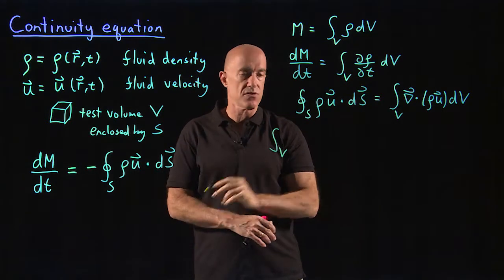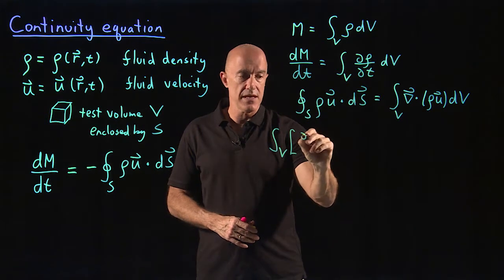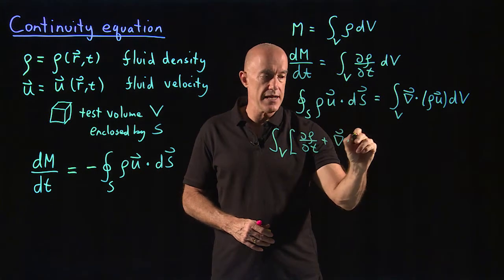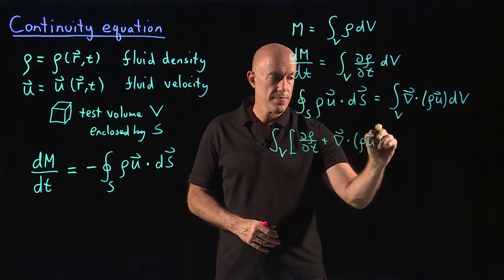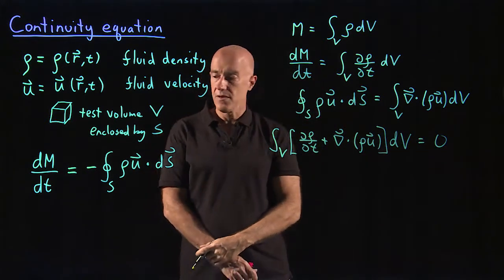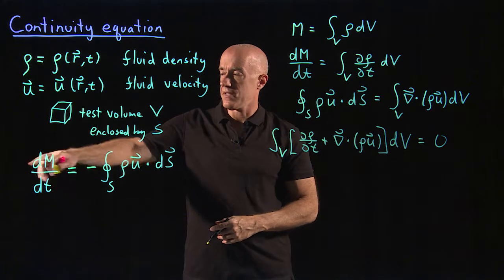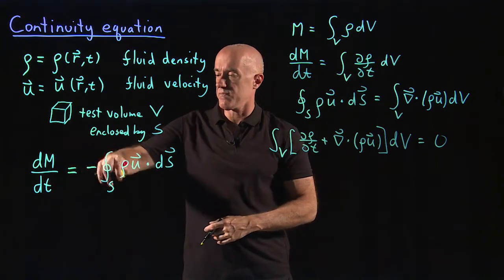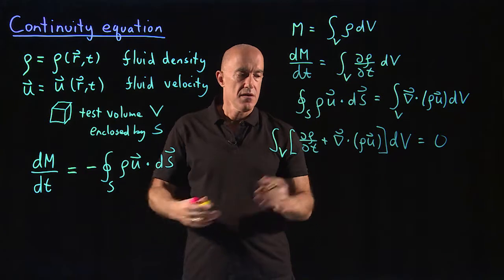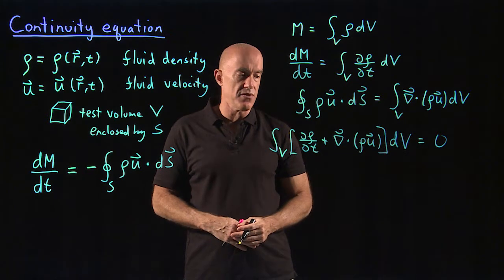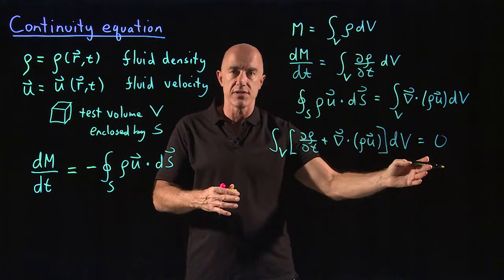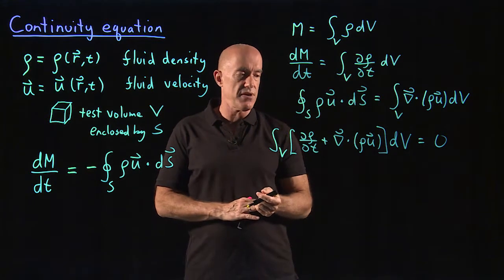We get the volume integral of partial rho partial t plus del dot rho u, dV, equals 0. So our continuity equation, dm/dt equals minus the mass flux, becomes a single volume integral of partial rho partial t plus del dot rho u dV equals 0, by way of the divergence theorem.